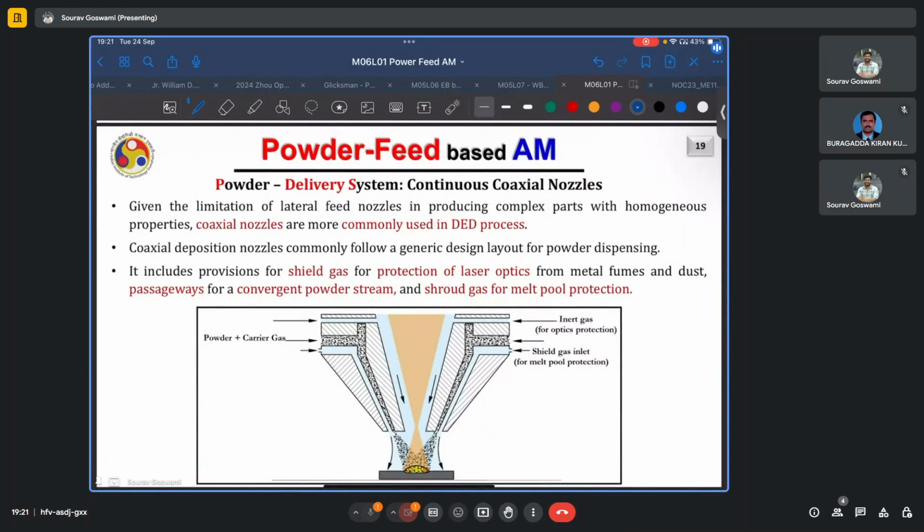Now, some typical designs of the continuous coaxial nozzles are presented here. And here we see that there are multiple channels. There is one channel at the top from which the inert gas is entering. And the purpose of this inert gas is to protect the optics.